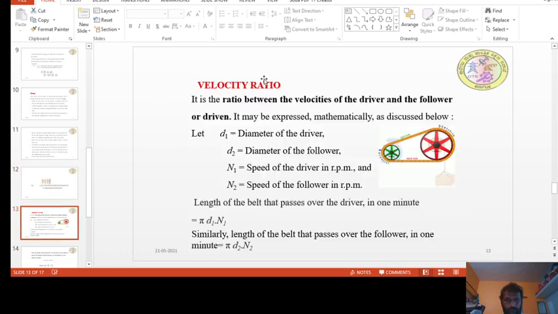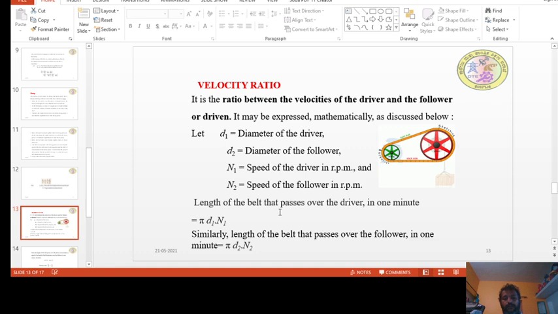Coming to the other concept, that is velocity ratio. It is the ratio between the velocities of the driver and the follower or driven. It may be expressed mathematically as discussed below. Let D1 be the diameter of the driver, D2 the diameter of the follower, N1 the speed of the driver, N2 the speed of the follower, of course in terms of RPM.